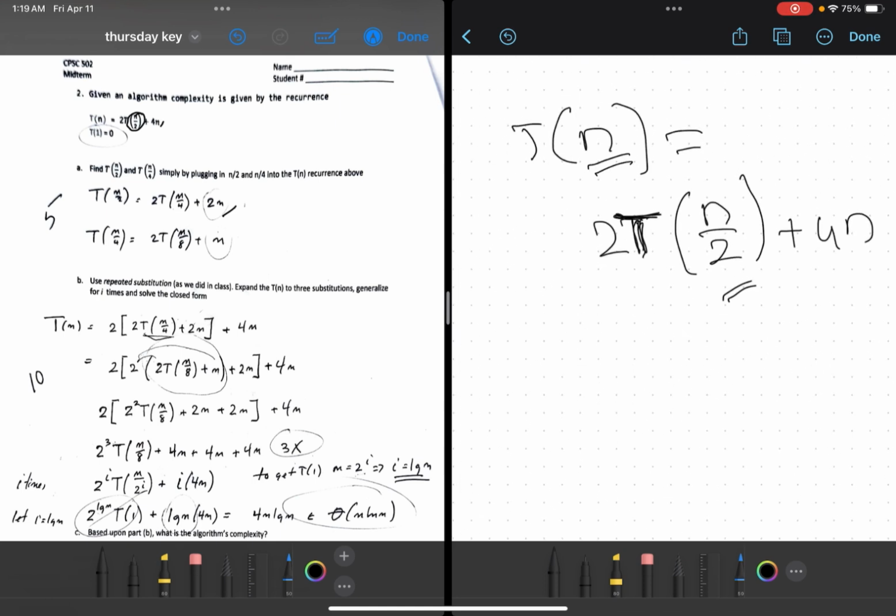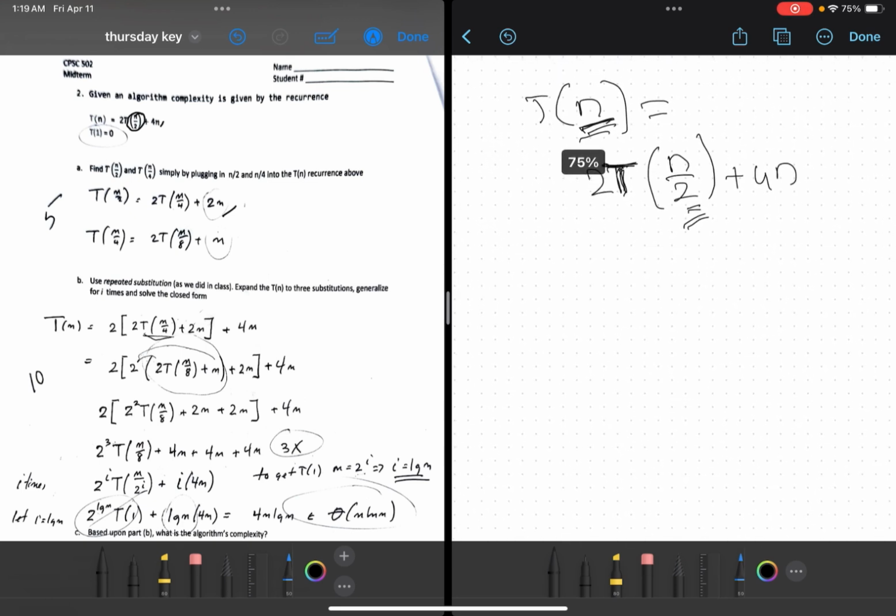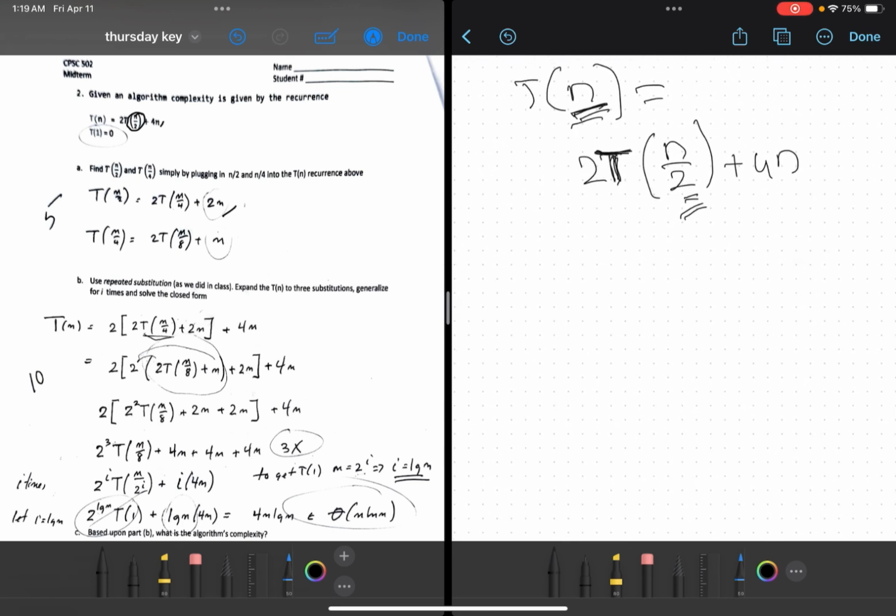Here you have the n value. T of n is equal to 2T of n by 2 plus 4n. So in the value of this n, let's substitute n by 2 and see what we can do. We know that T of n is equal to 2T of n by 2 plus 4n.